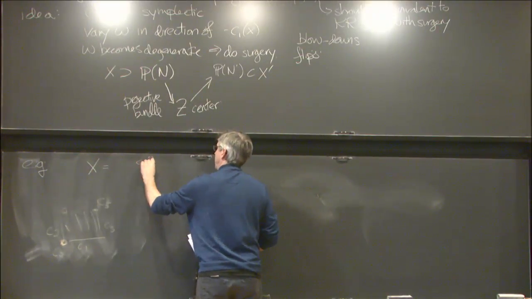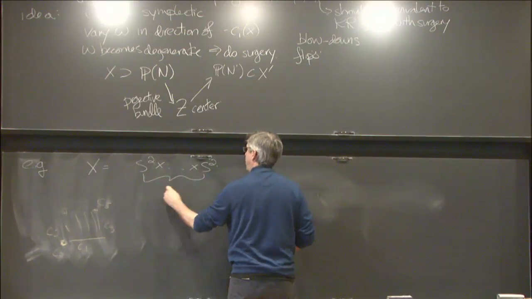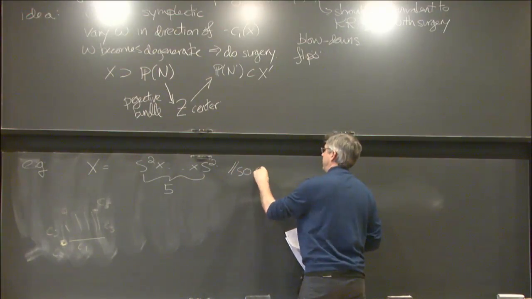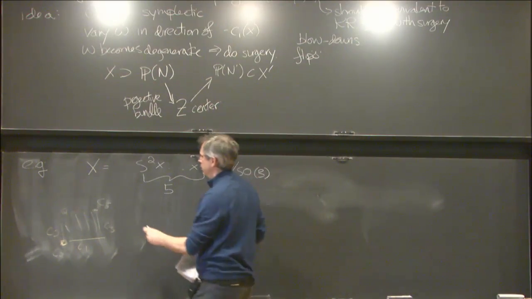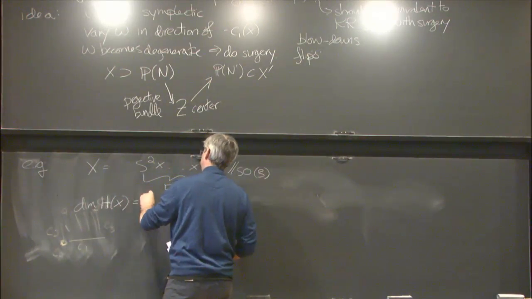So suppose X is something like the product of 5 spheres, and I take the quotient by the diagonal action of SO3. And I ask, what's the dimension of the cohomology?